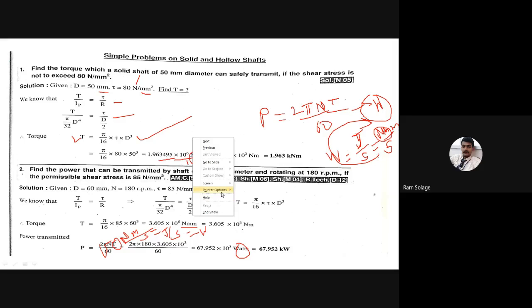Calculate the power. Write down the formula. Power is equal to 2πNT divided by 60. 2π is a constant. N, always N is given in revolution per minute.